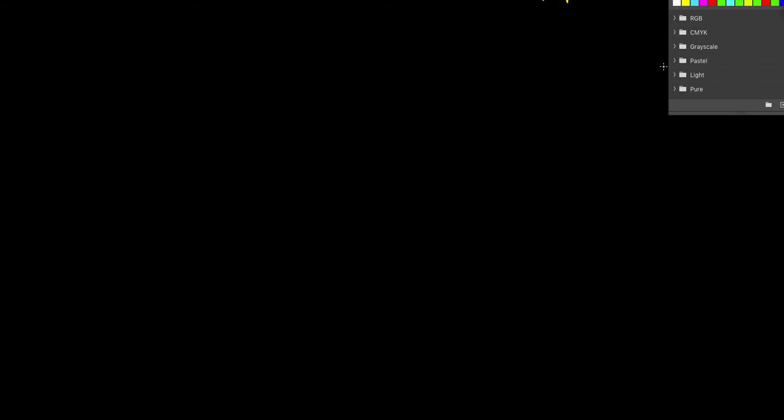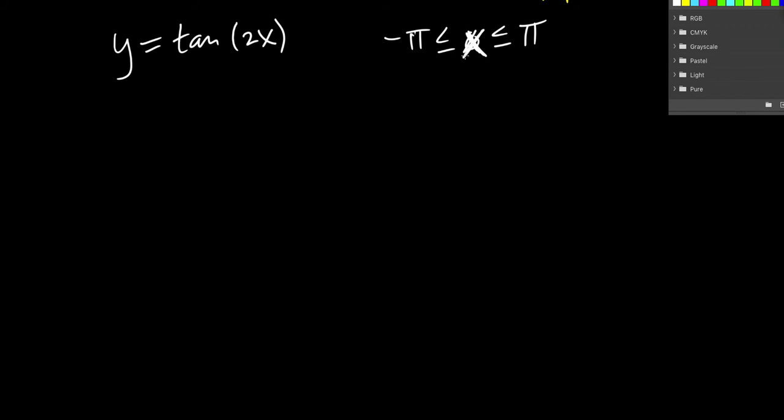Okay, we have one more example, and they want us to do y equals tangent of 2x, in between negative pi and pi. Whoops, that should be an x. Okay, so 2x is considered a horizontal stretch.